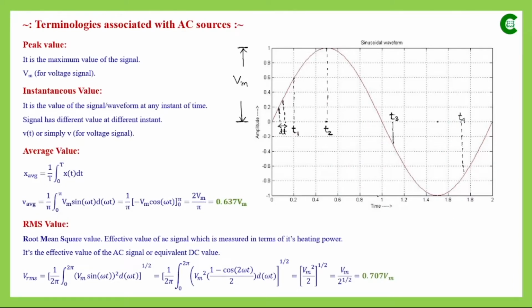Next we will see a few terminologies that are associated with AC sources. Here we have a sinusoidal signal, and it has one cycle. From this point to this point it has one half cycle where we have the positive values of that waveform, and between this point and this point we have the negative half cycle where all the values are negative.